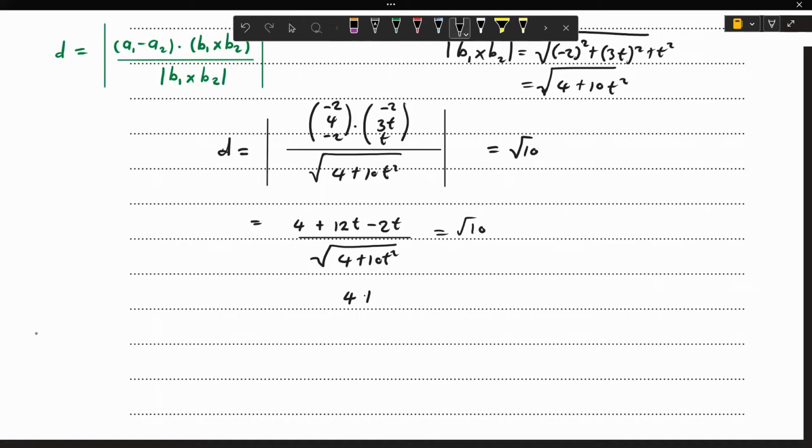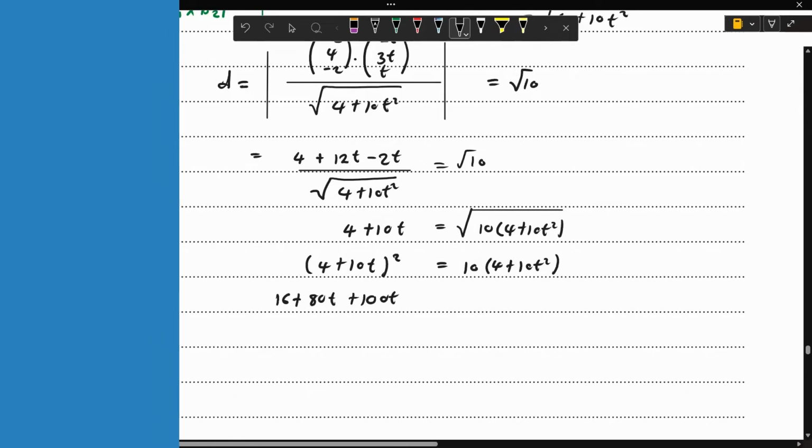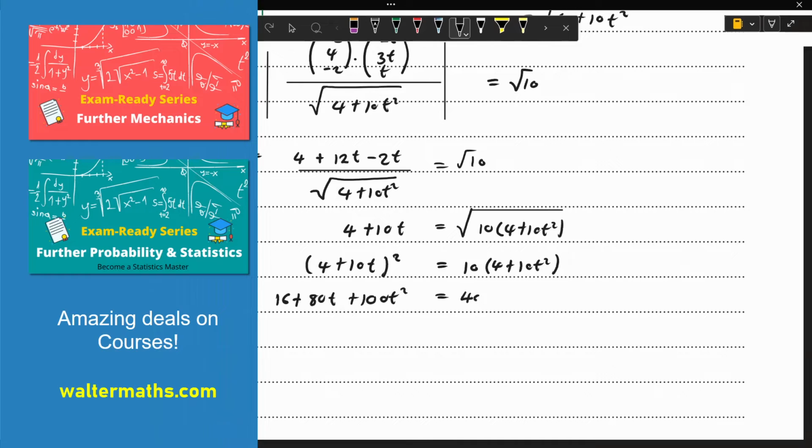So we have 4 plus 10t is equal to root 10 times the square root of 4 plus 10t squared. I'll square both sides. So we have (4 plus 10t) squared is equal to 10 times (4 plus 10t squared). So that's 16 plus 80t plus 100t squared is equal to 40 plus 100t squared.